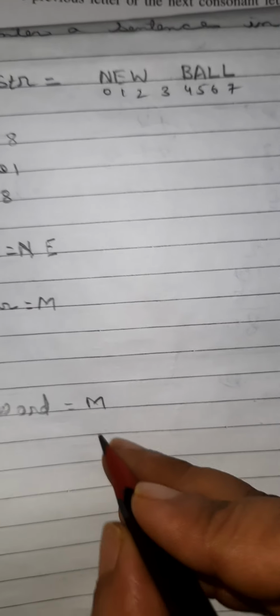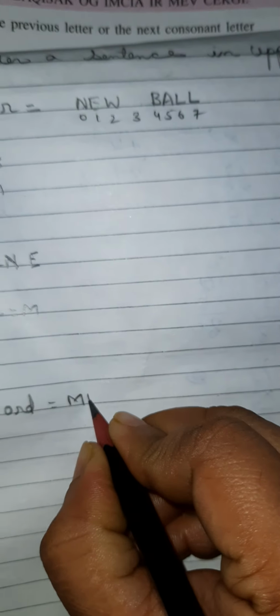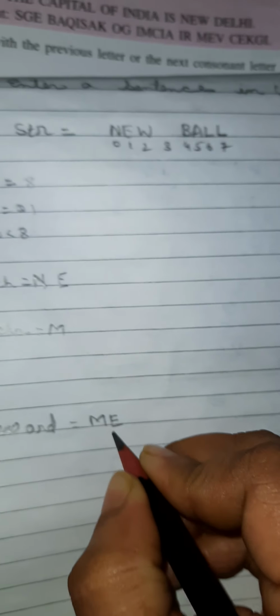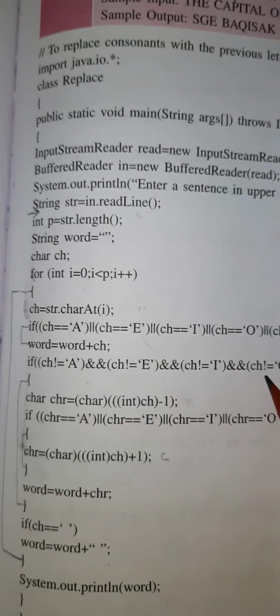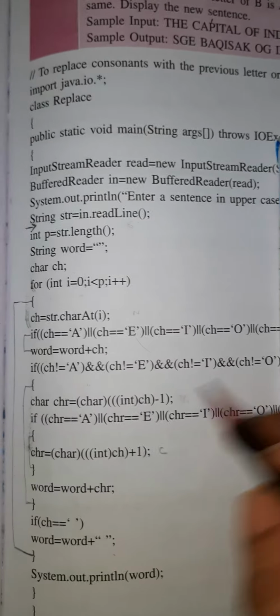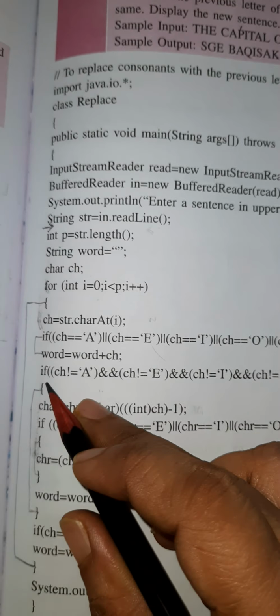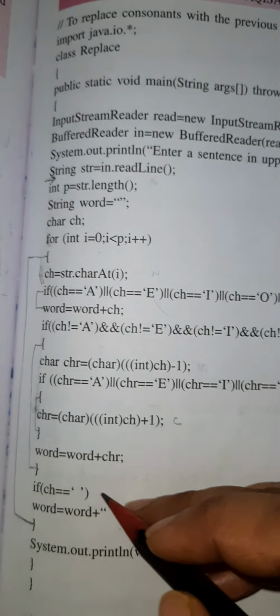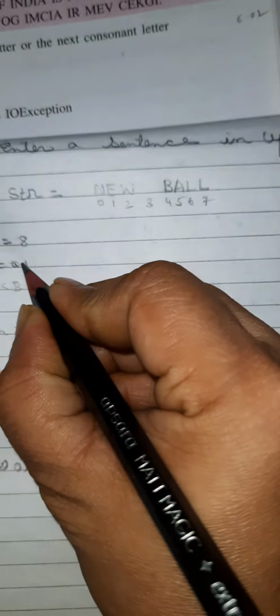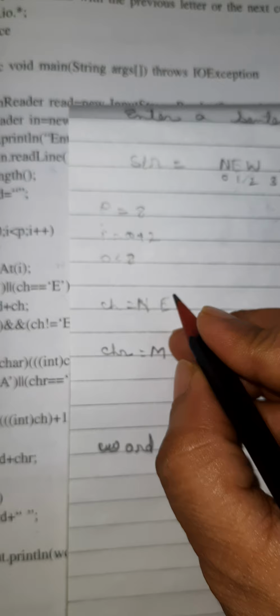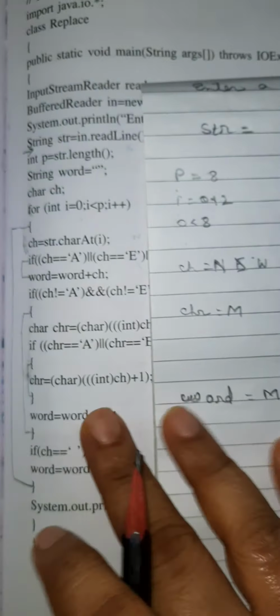Word is already M, so with it ch we are going to add E. So here the not-a-vowel condition is false, since E is a vowel, so it is not going to enter inside any of this. It is checking whether it is a space. No, it is not a space, so it will come back to i. So now i is 2. In the 2 place there is W. So in ch it will now store W.